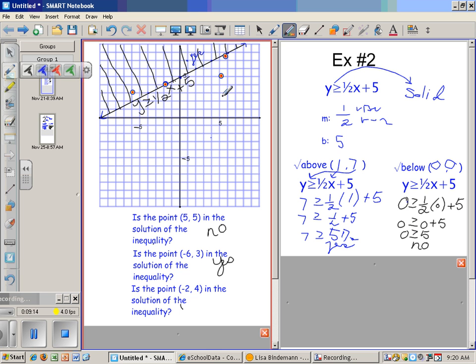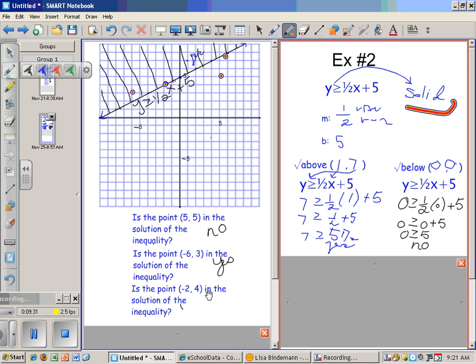If the line is dotted, then it's saying this is the barrier. All the points above it work, but not actually on the line. So since this line is solid, we can say absolutely this point is in the inequality. So you can say yes.